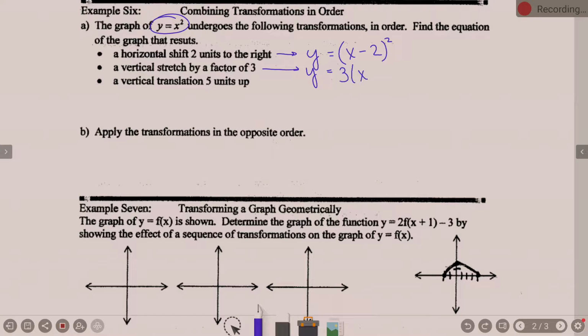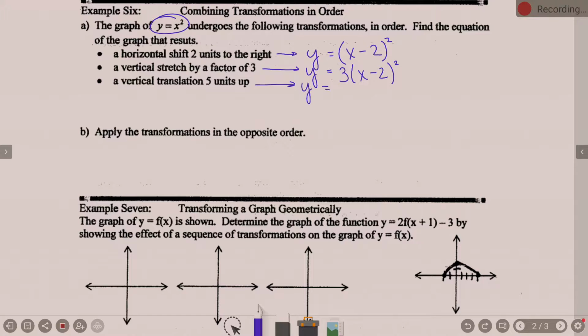So 3 times x minus 2 quantity squared. What I'm doing is I'm just adding on each transformation step by step. Could you just put this all together in one right from the get-go? You could. But as a teaching technique, I need to take it step by step.